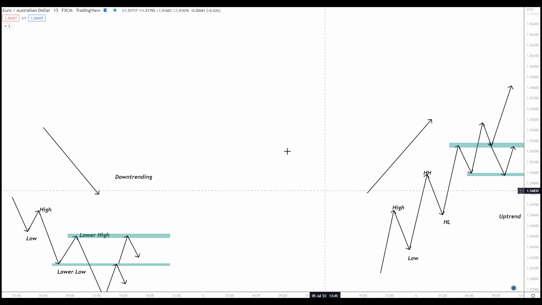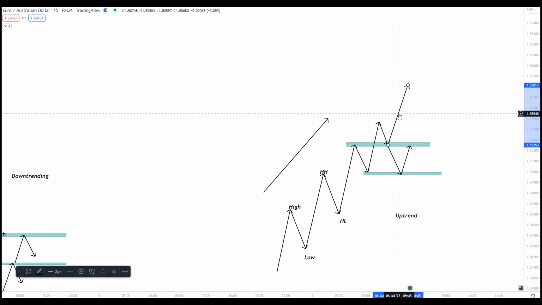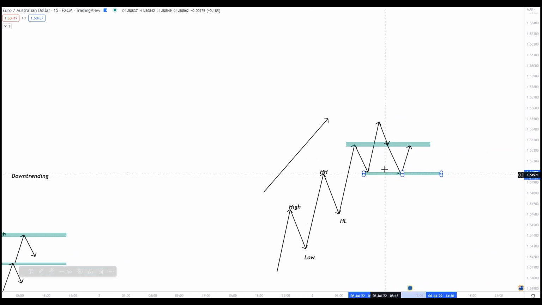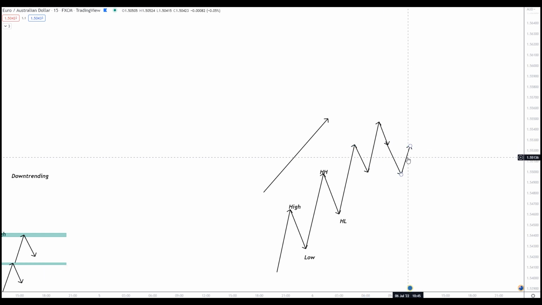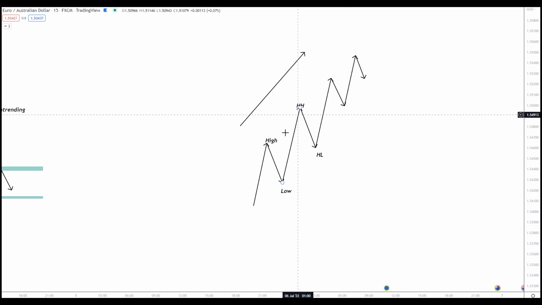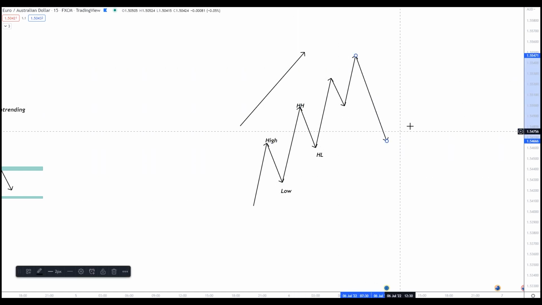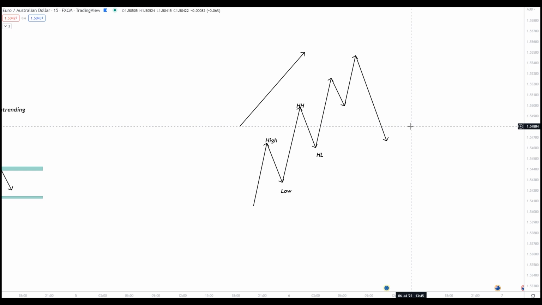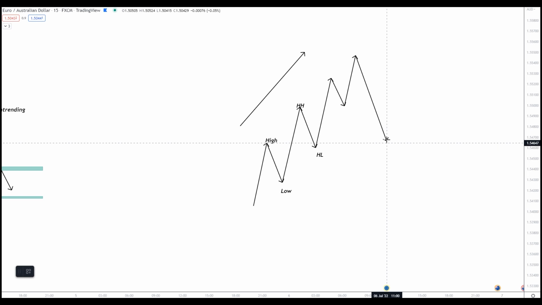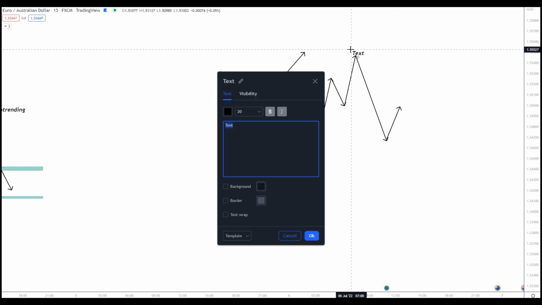So if we then go on to potentially looking for reversals, if you're looking at an uptrending market, what you may actually see is that price is making these higher highs, higher lows, everything's great, but then there is a sharp move down in the market. So now what happens is, if price was to pull back here, the characteristics of the market is that price has made a higher high.